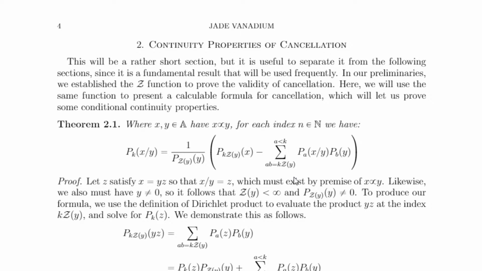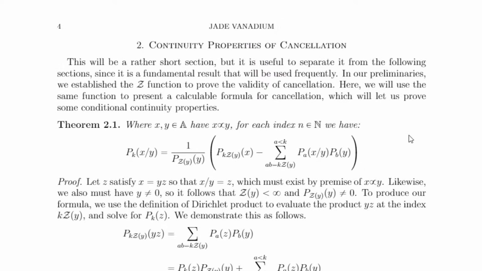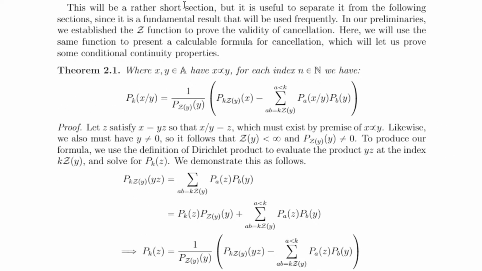So our first theorem of this section, it's a pretty short section, it's just about cancellation. For any x and y in our space of arithmetic functions, if x is proportional to y, so if x can be divided by y, then for every index n, we have this really big formula.